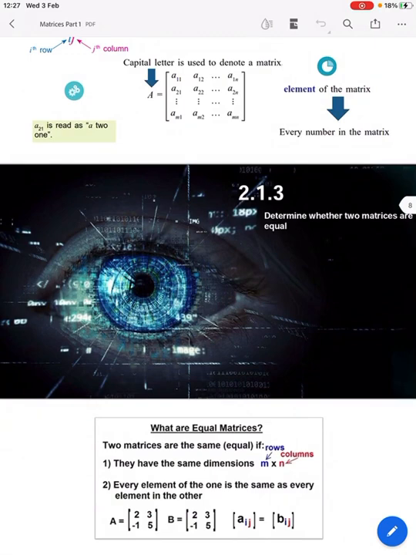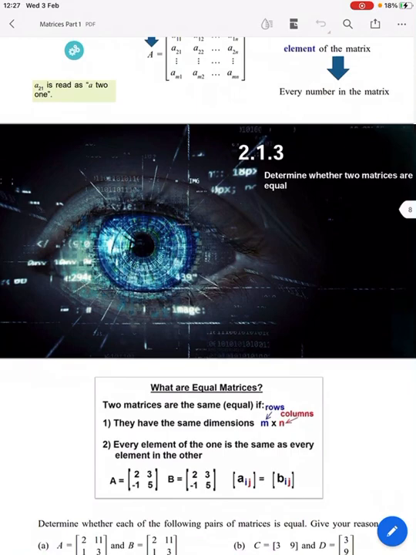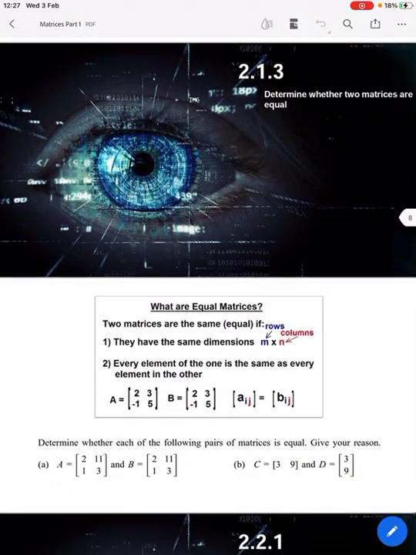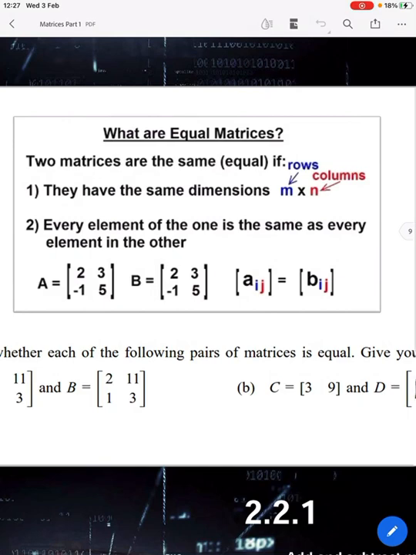Determine whether two matrices are equal. Okay, this one is easy, much easier. Why? What does it mean by equal matrices? By definition, two matrices are the same if they have the same dimension and every element of the one is the same as every element in the other.